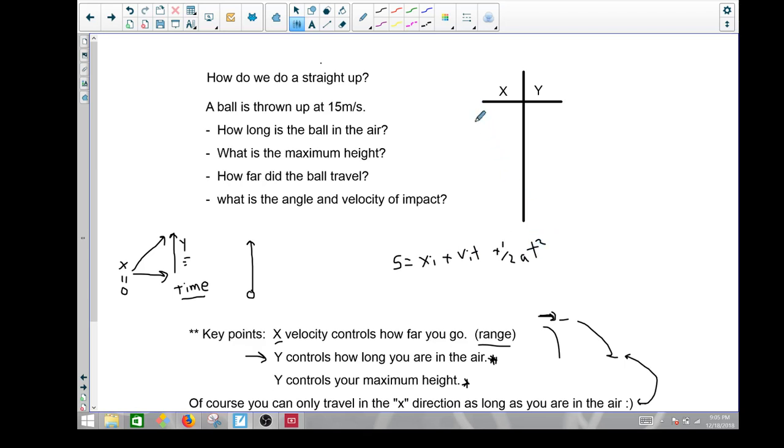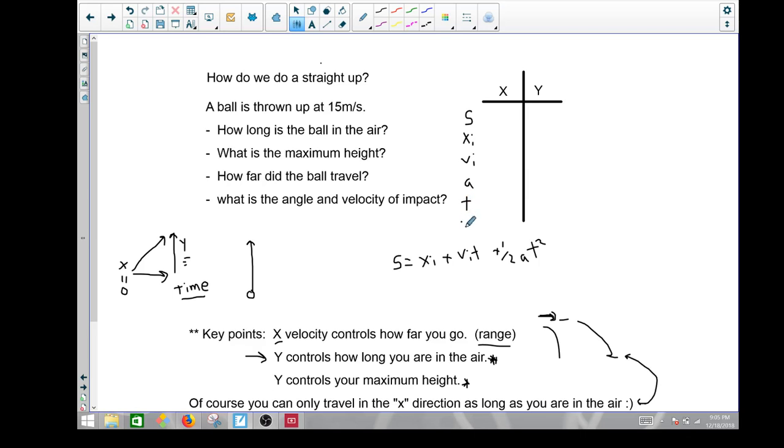So along the side here, I'm going to list out all of these variables. So distance, you could put xi if you'd like. Vi is your initial velocity, your acceleration. Now again, for all of these that I'm mentioning, x is different than y. You'll have a velocity in the x, you'll have a velocity in the y. All right? And then of course time.